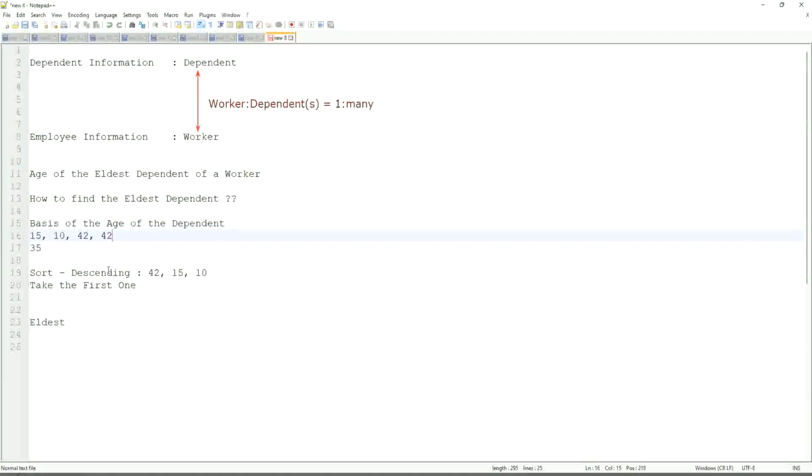Okay. But in this case, let's say you have more numbers like 42, 43, 75, 82, and so on. If one worker has so many dependents, and these are their ages, will our logic that we have defined be absolutely bulletproof?